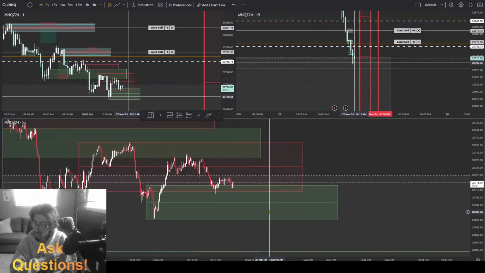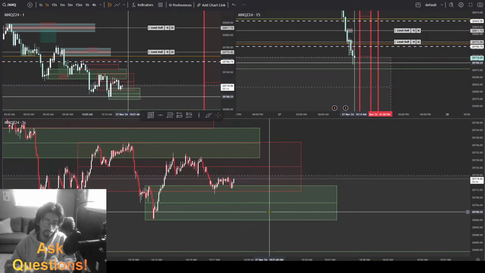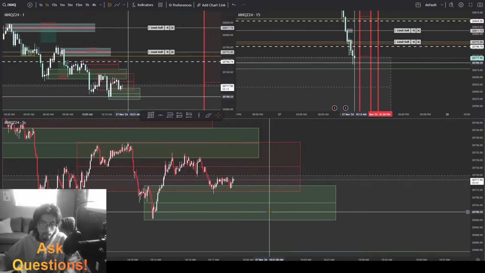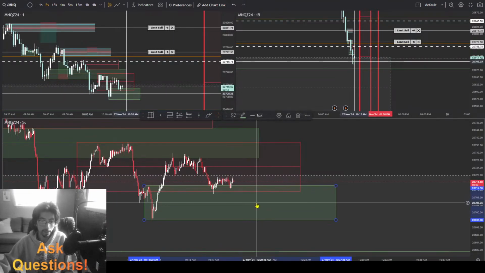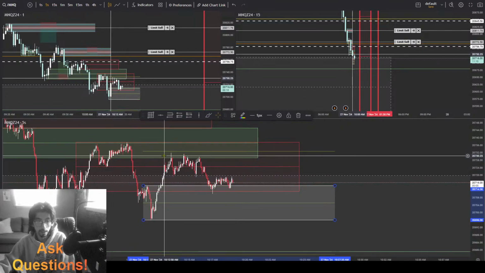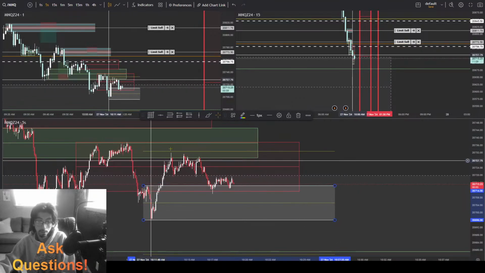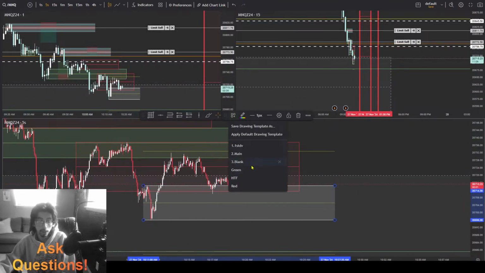Sorry for the yawning. Standard deviation for this, 1 SD. Well, I didn't even reach it. Pretty cool. I really need a break of structure.